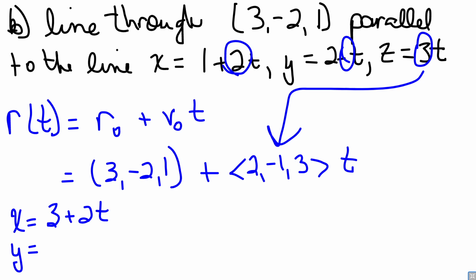For y, what would the parametric equation look like? Yes, negative 2 minus t. And then for z, what would the parametric equation look like? One plus 3t. Good. Okay. Any questions?